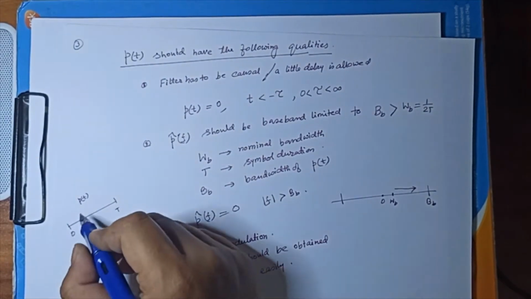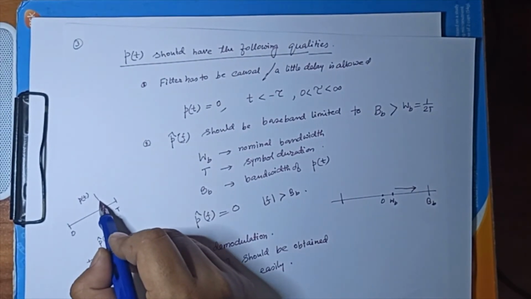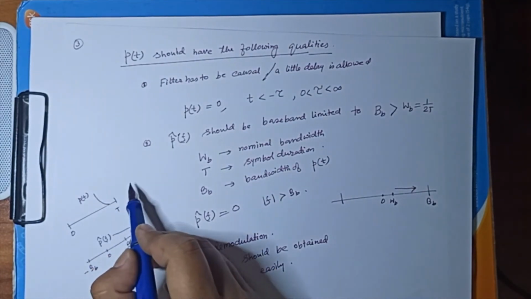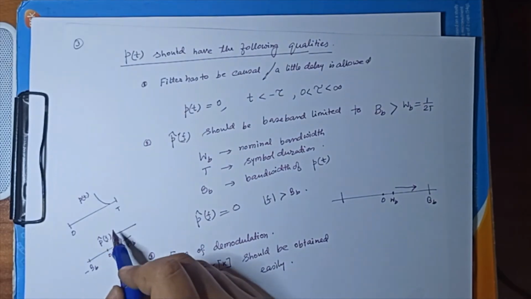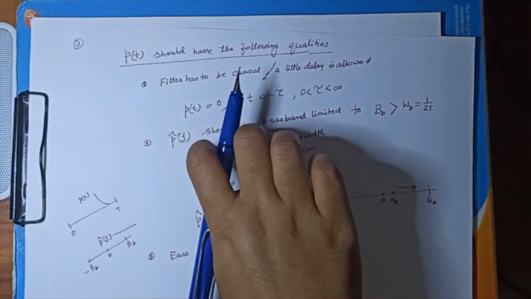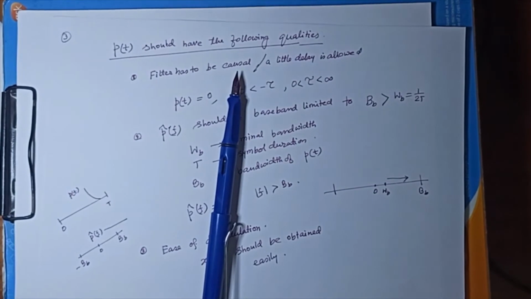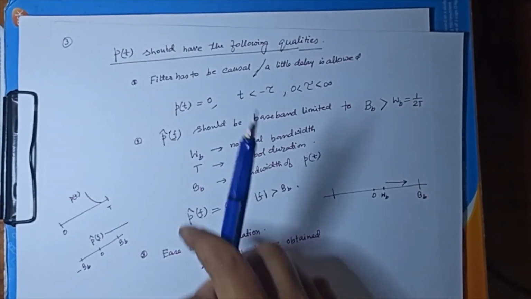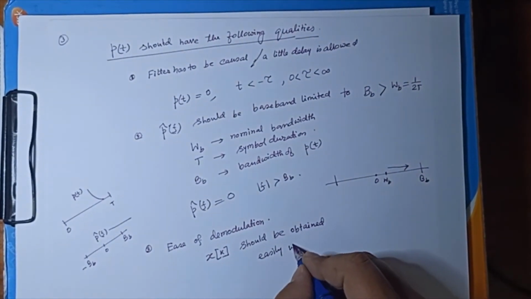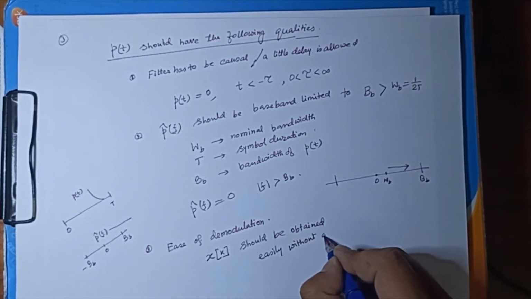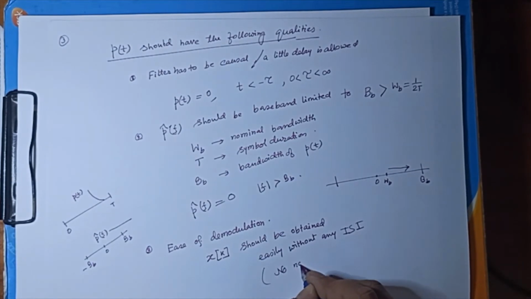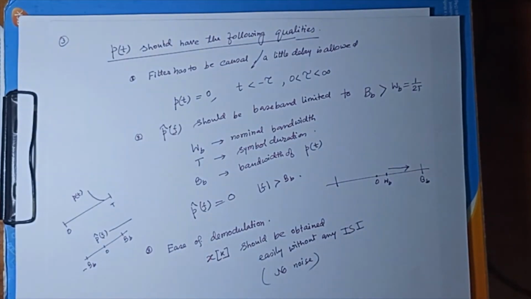We know that if the decay in one domain is faster and sharper, then it will be slow in the other, and vice versa. What I want to do is have both p(t) decay really fast, as much as we can. That challenge we have to handle, and we have to ensure that the symbol is obtained easily, without any ISI, any intersymbol interference. Right now, for the time being, assume no noise, because noise will be analyzed separately later on based on these filters. Okay.